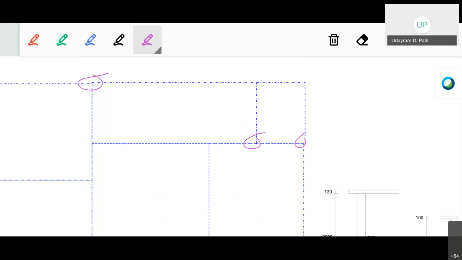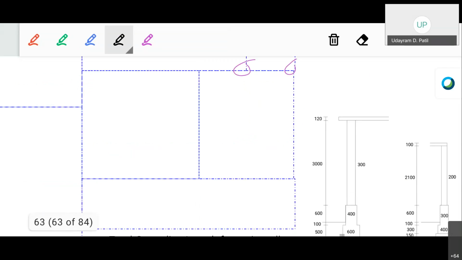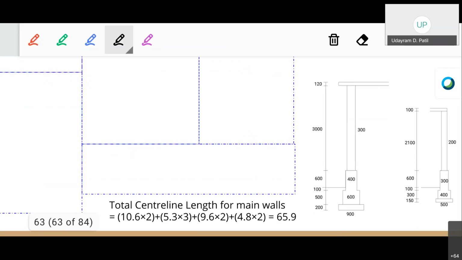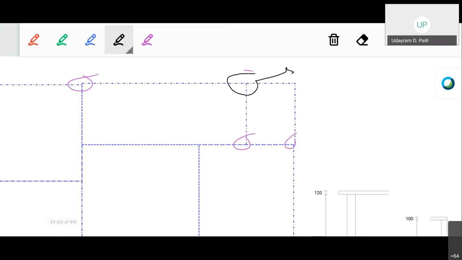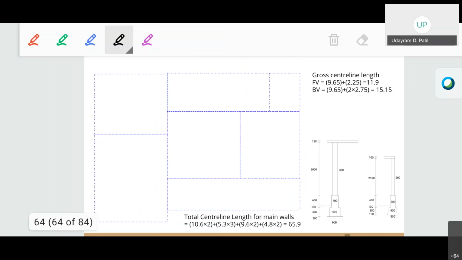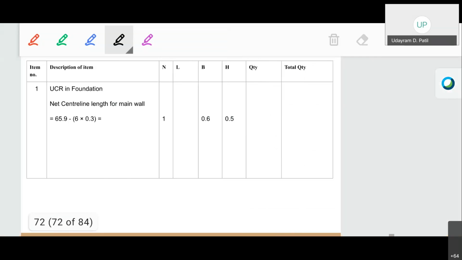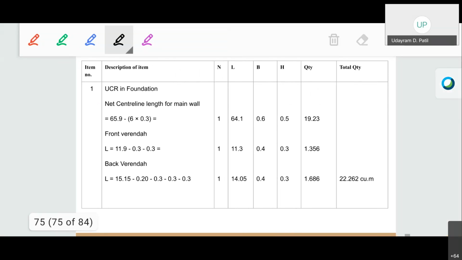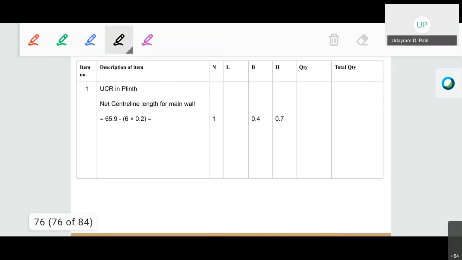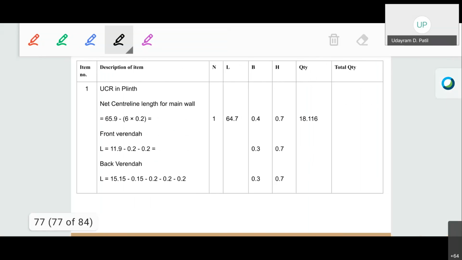Half of the 0.4. And for this junction, which is the T junction of the secondary walls, we calculate half of the 0.3, that is 0.15. So again, UCR in main, the total quantity is 22.272.